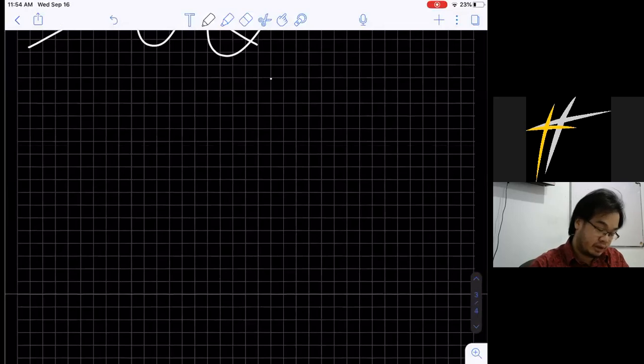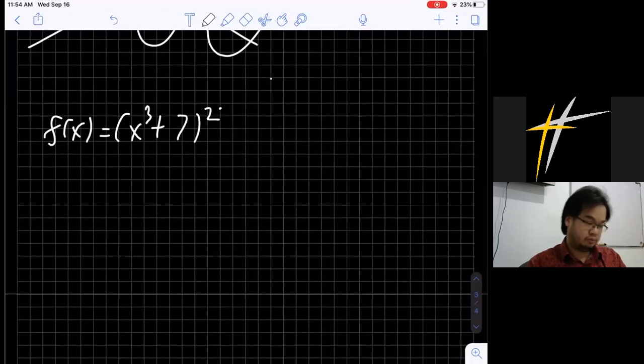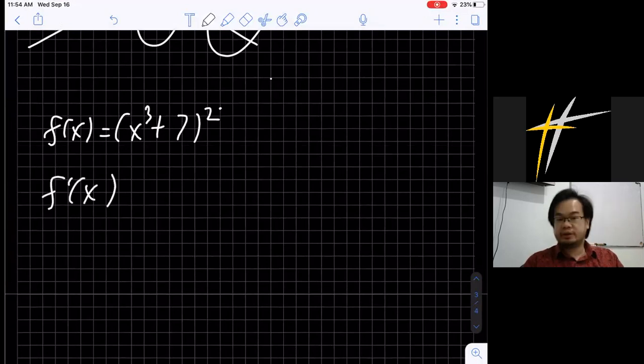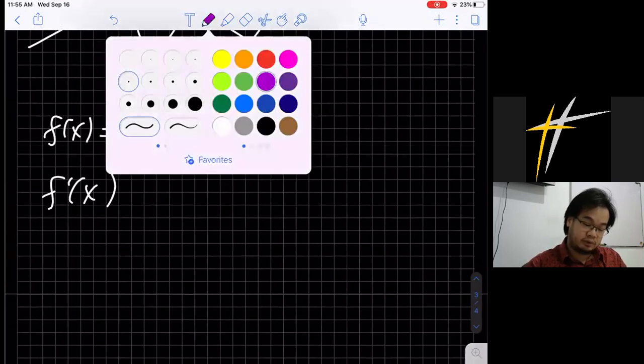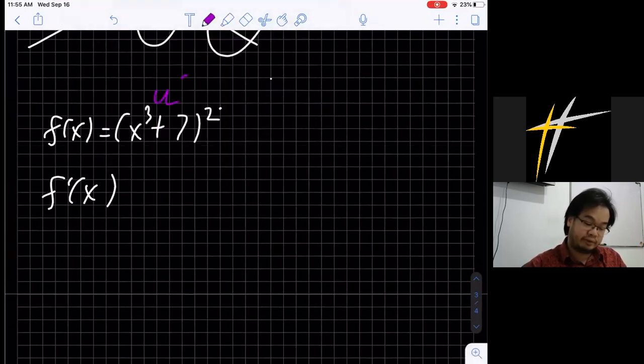Example 1. If f(x) is equal to (x cubed plus 7) to the power of 2, find f prime of x. In this case, the outside function is something being squared, which is a power function, right? Let's say that this is u, so this is u squared.